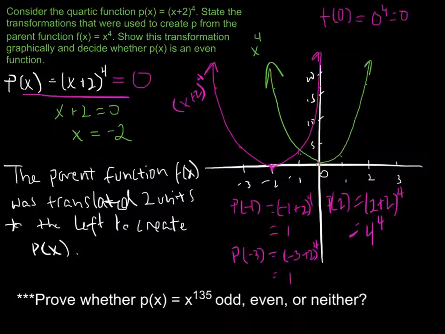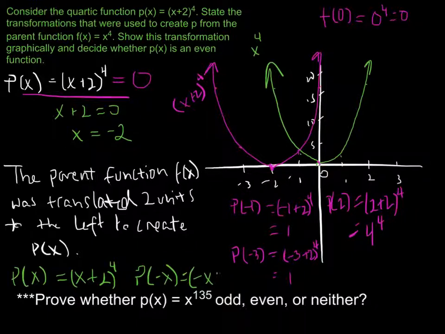So because that's an example of where the opposite inputs don't give me the same output, this can't be an even function. If I wanted to show this very clearly, remember p of x is x plus 2 all to the fourth, and p of -x is -x plus 2 to the fourth.